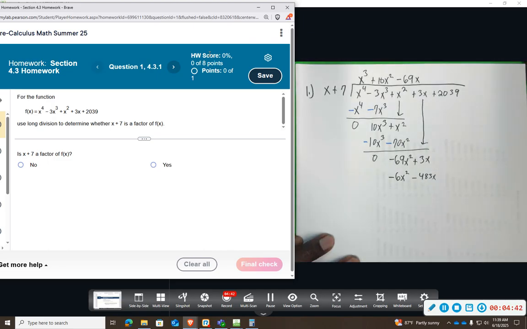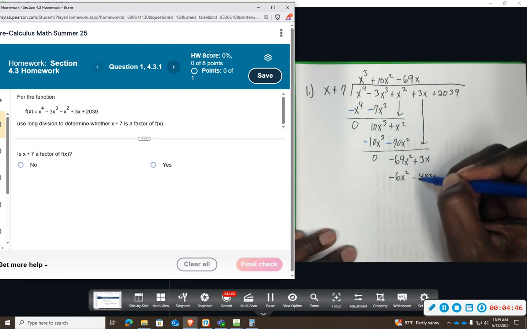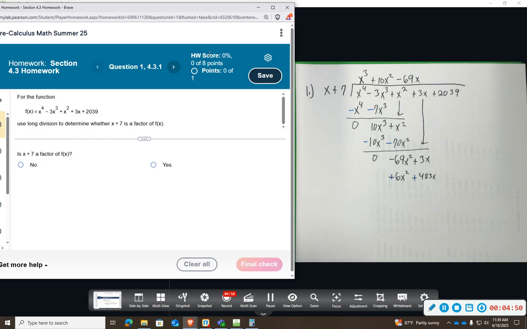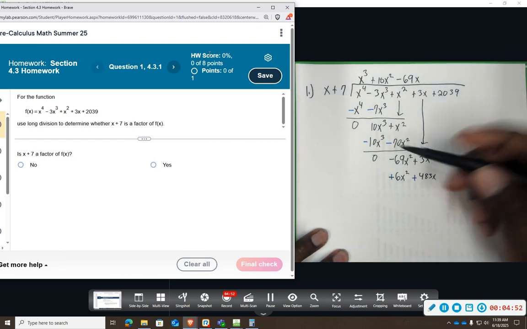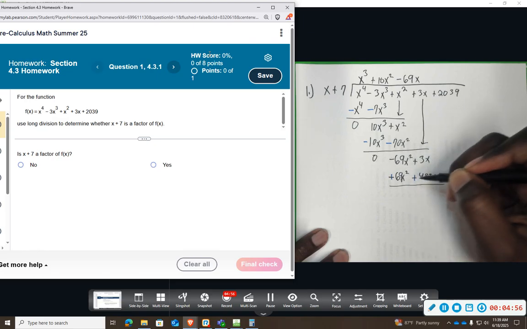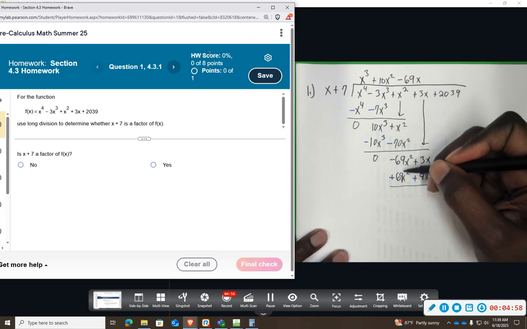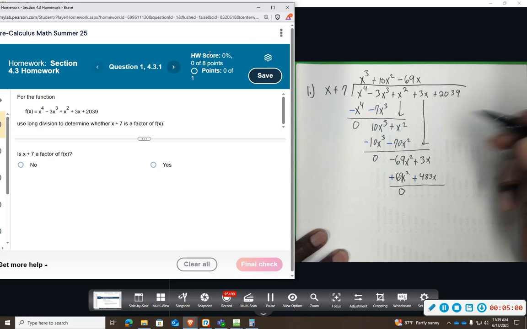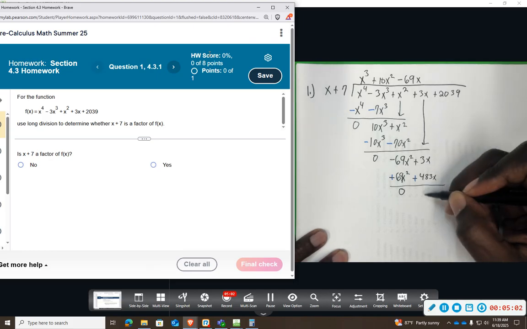Alright, so once we get both of those terms, we're going to change the signs or subtract. So this time they were already negative, so changing it will make it a positive in both cases. I missed my 69 here. I got 60. Okay, so when we combine these, that will go to 0, and adding, this will give us 486x.